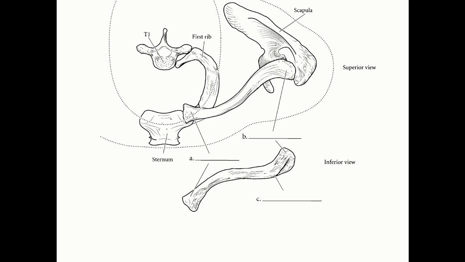The region of the clavicle that's going to be attached to the sternum is conveniently named the sternal end. B, on the other hand, is going to fit right in here with the acromion, so this is our acromial end.